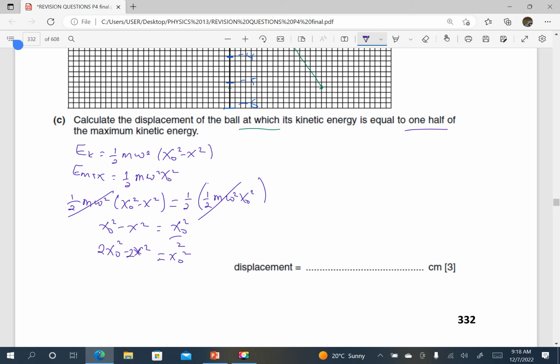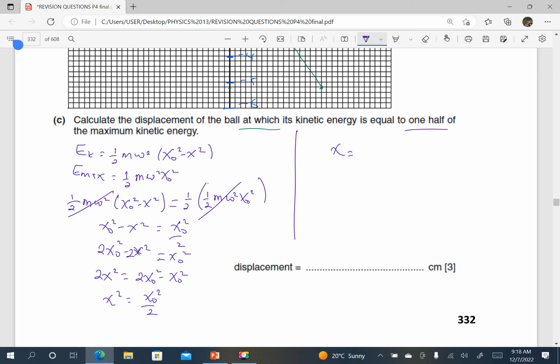So we collect like terms. I take 2x squared to one side, so you have twice x squared equal to 2x naught squared minus x naught squared. So x squared is equal to x naught squared over 2. I substitute to find the square root.